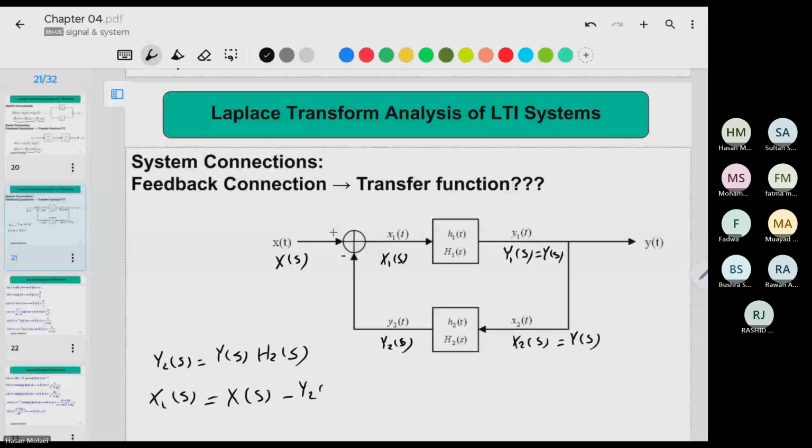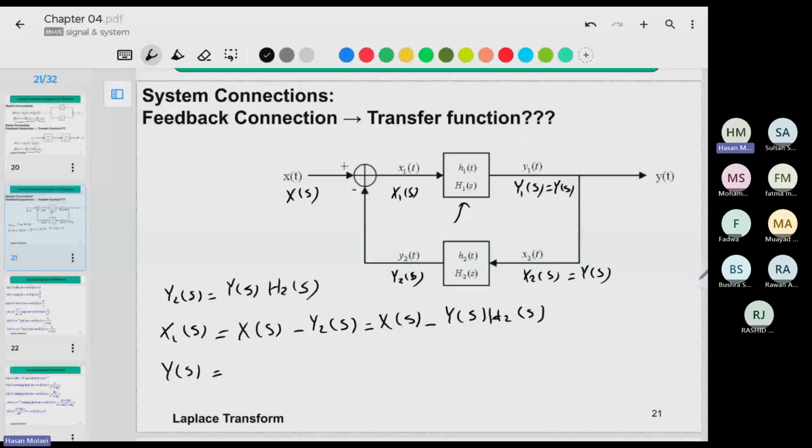Y2(s) is X(s) minus Y(s) H2. Now, from this system, Y(s) is H1(s) X1, which is H1(s) X(s).